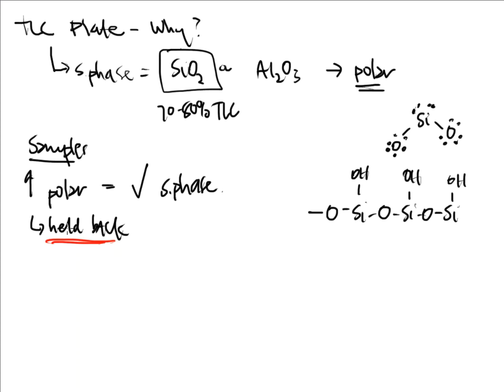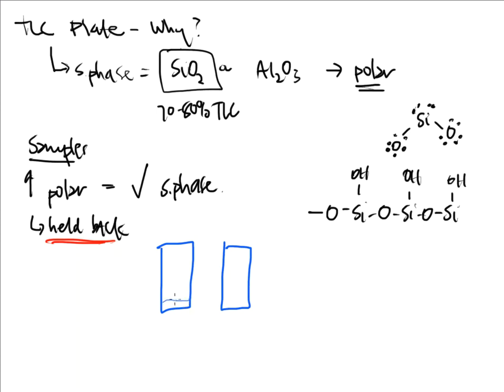And whichever one is the most polar, that's the one that's going to be stuck to the stationary phase a little bit longer. And that's the one that's going to be held back on the TLC plate a little bit more. Well, in the TLC world, what that's referring to is how far the spot travels up the plate.